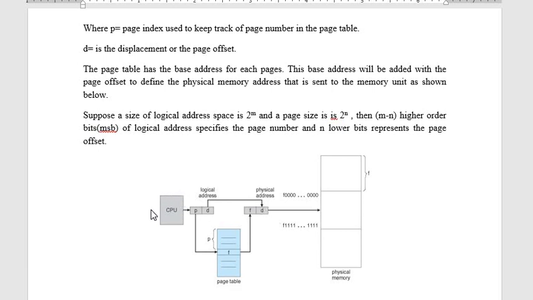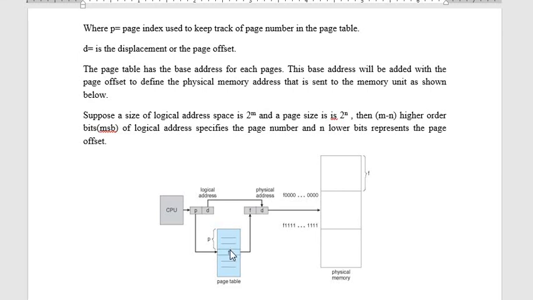Once the process executes the program, it is going to generate the logical address, where the logical address has two parts: the page number and the offset. This page number can be looked up in the page table to get to know which frame this page is present in.